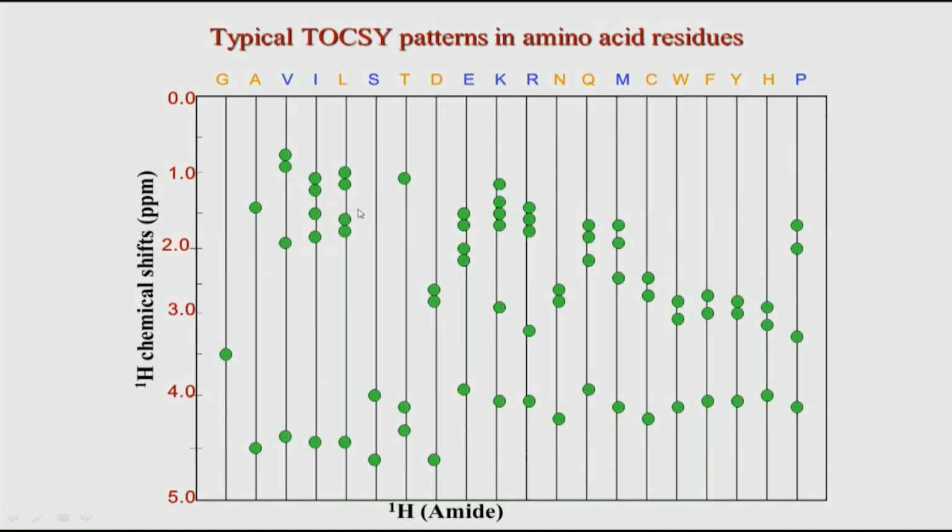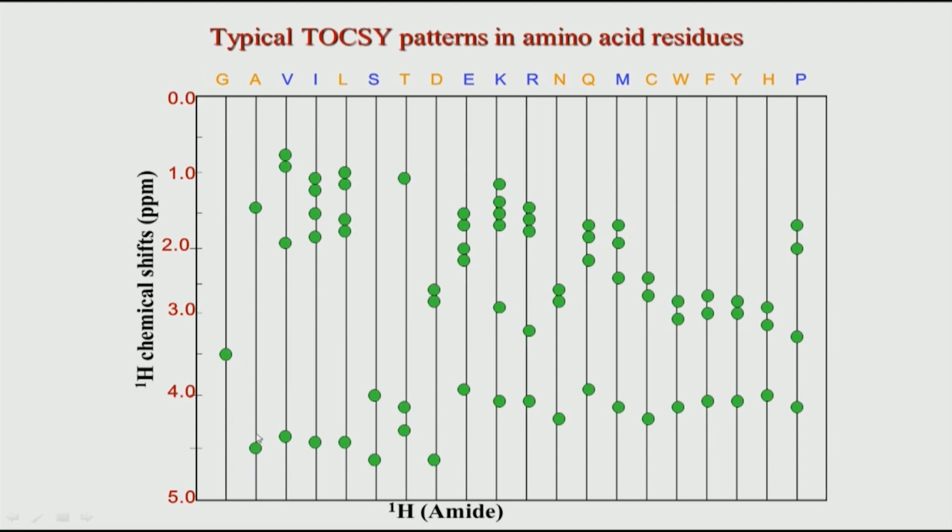That is what is shown here, and you can see each amino acid has a very distinct pattern of peaks expected in this region. For example, glycine, of course, there can be 2 peaks or it can be 1 depending on the chemical shift, but it has only 2 alpha protons. There are no hydrogens in the beta, gamma, delta; it is only alpha, and that comes around 3.5 to 4 ppm. Then comes alanine, which is what we have been seeing.